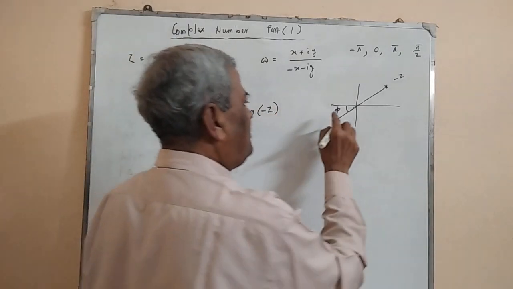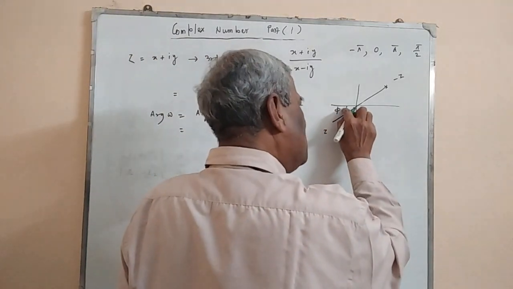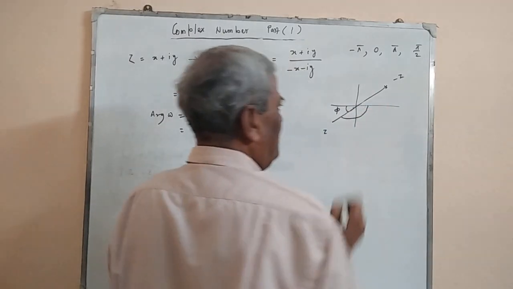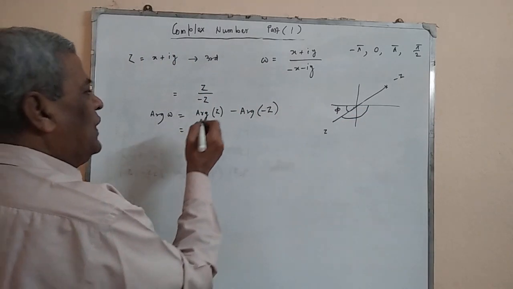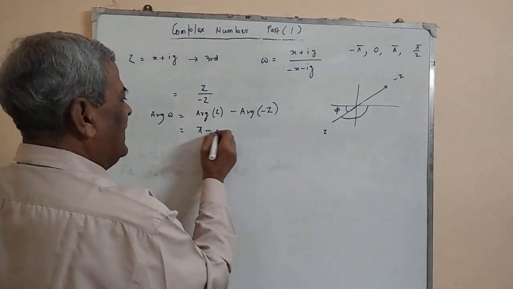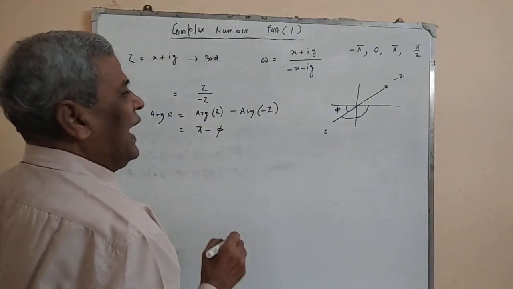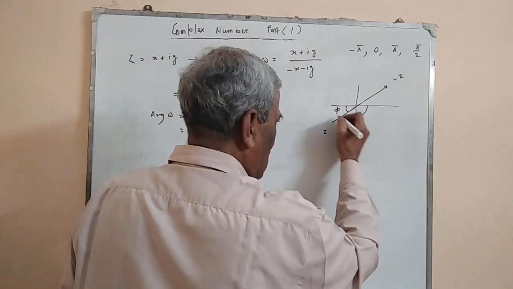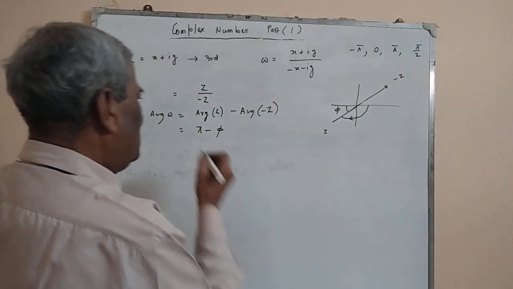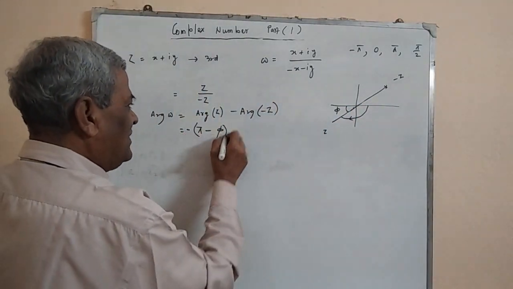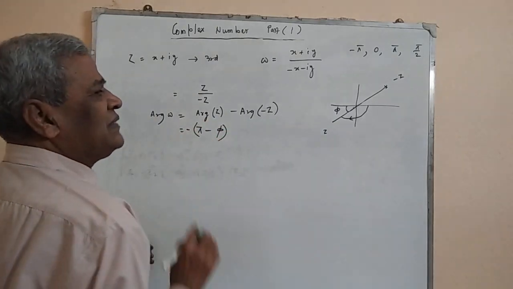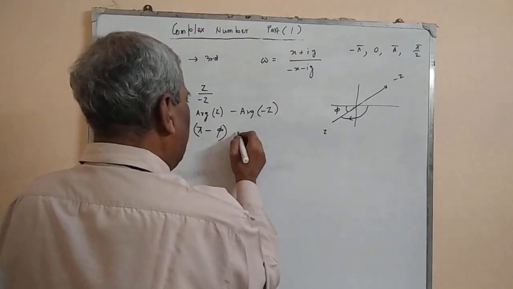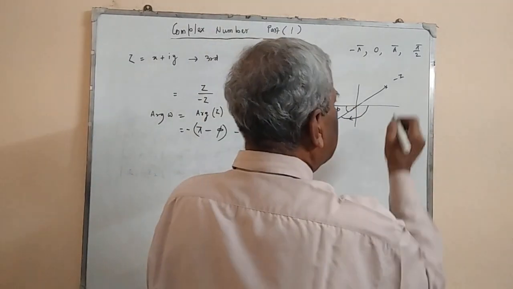Let us take this as phi; then the argument of z is pi minus phi, and it is taken in the clockwise direction, so minus of that. The argument of z is minus of that because the angle is measured in the clockwise direction, minus the argument of minus z.